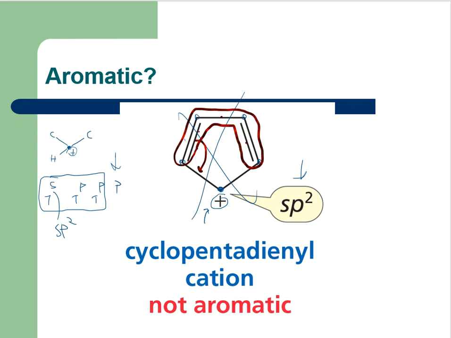However, the problem is that delocalization can happen, and we do see movement that can go forward like this, but this carbon cannot contribute to that delocalization. This carbon doesn't have electrons to contribute to this whole master plan. And because of that, it does not meet the definition of aromatic.